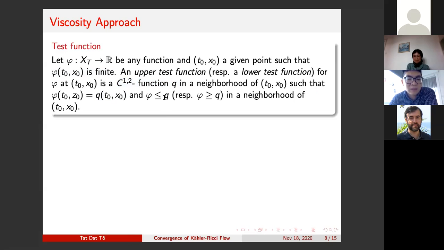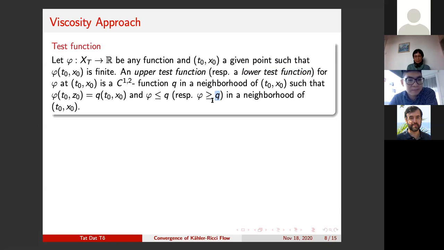So somehow the upper test function is a function above the original function that touches it at one point. Then we have another definition: a lower test function is the same definition, but instead of the function being above phi, we have this function q which is below the function phi.